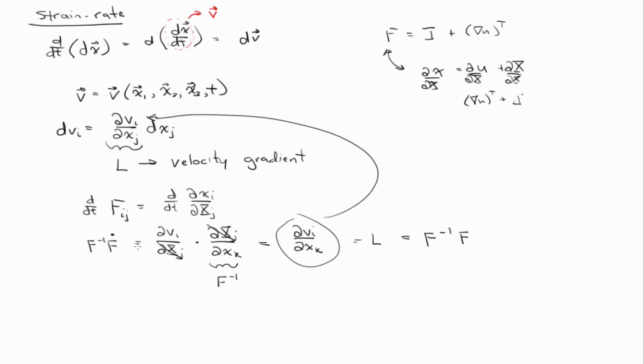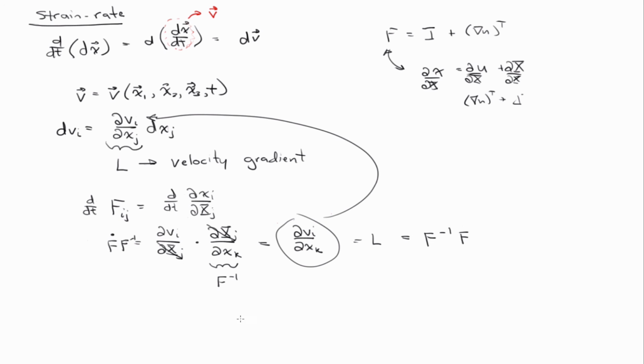When you multiply an equation by a matrix, you have to multiply on the same side, right? So here on the right side, I multiplied, and it's partly due to the fact I was using indicial notation on one side and matrix notation on the other. But here I multiplied by F inverse on the right. So I have to multiply by F inverse on the right here. I can't just arbitrarily choose how I do it, right?